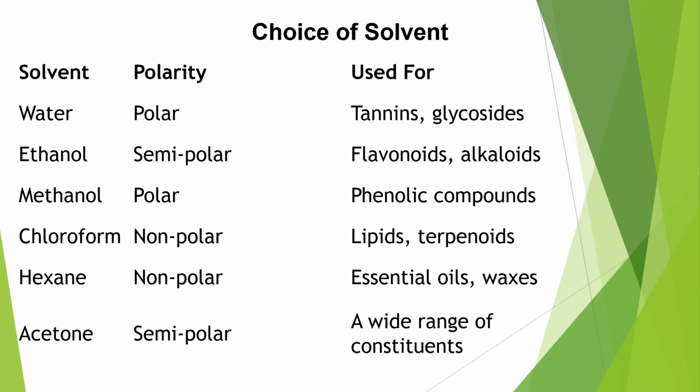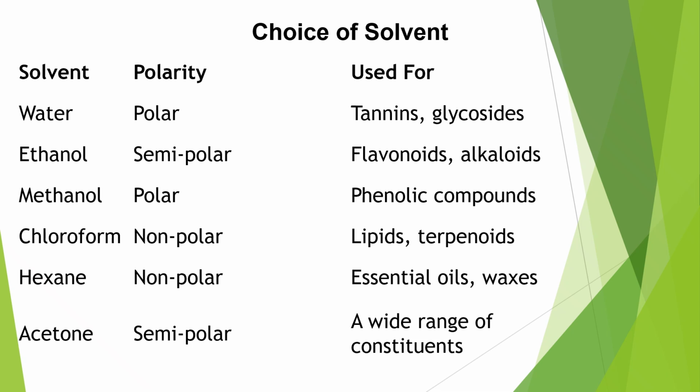For example, if I consider water as a solvent, it is a polar solvent, and we can use it for tannin-containing drugs, which are polyphenols and glycosides. Then ethanol, which is semi-polar, we can use for flavonoid-containing and alkaloid-containing drugs. In the case of methanol, which is a polar component, we can go with phenolic compounds too.